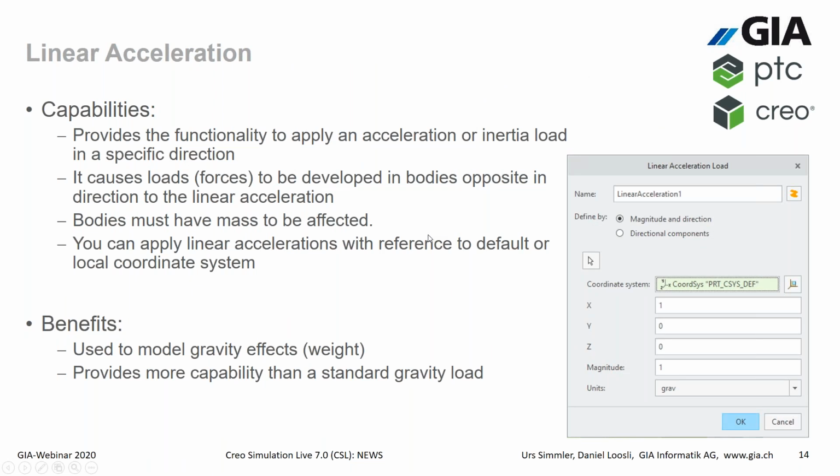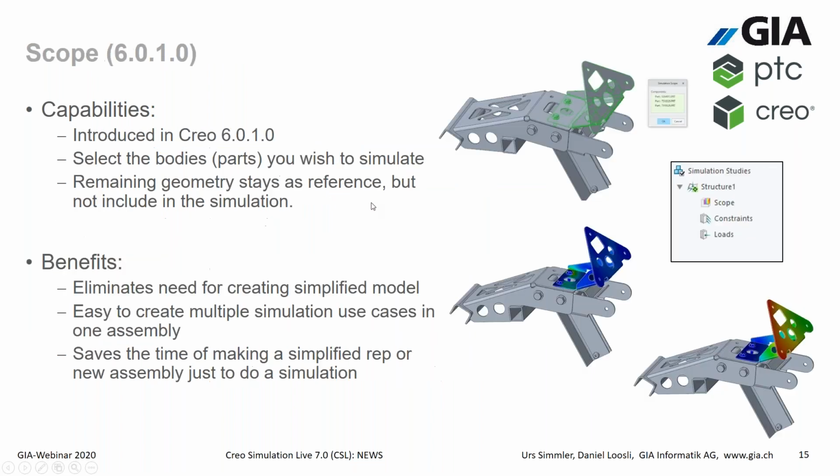Okay, new loading is available, so linear acceleration is now in Creo Simulation Live. That means you can see the influence of the weight of the part, or you can see the influence when you accelerate the part, or that kind of stuff.